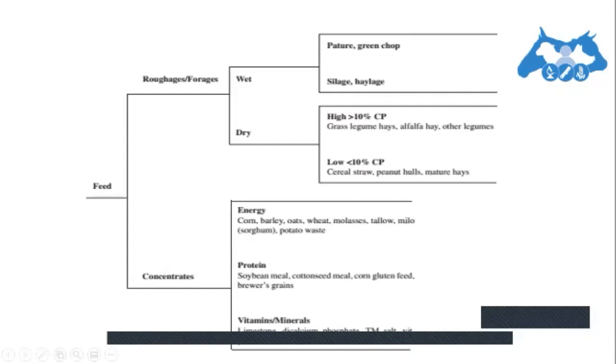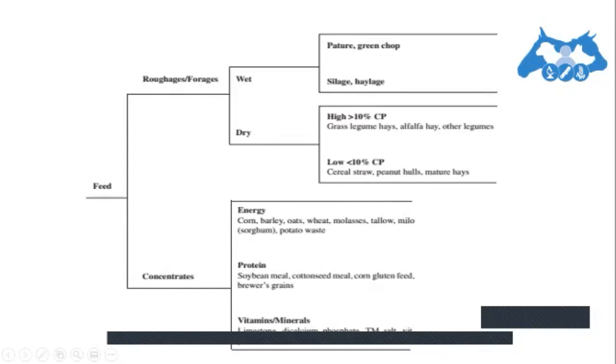In one case, we dry the fodder, and the other one is we chop it and then process it through anaerobic fermentation for about 30 to 40 days. So this is a wet type of roughages or forages.